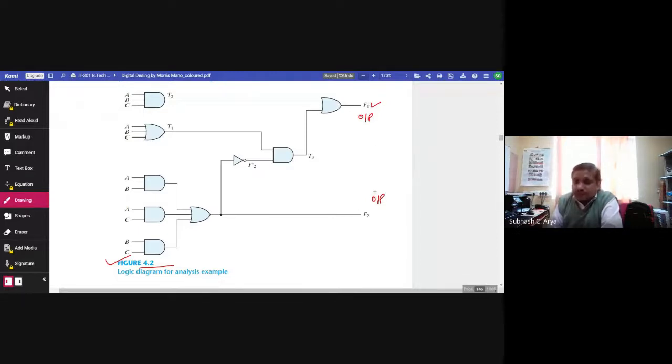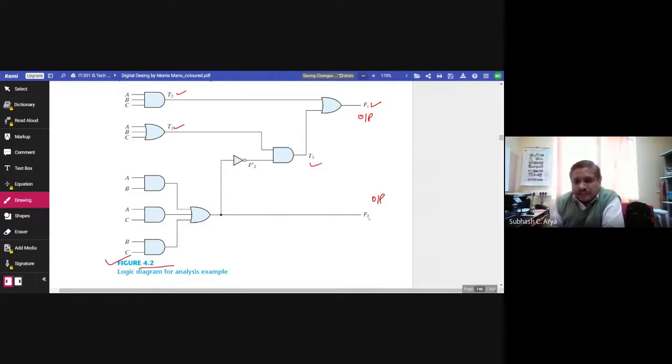And what is the procedure? We have to label the intermediate outputs of each gate. So we give inputs like A, B, C. This may be given; if not given, then we have to give it from our side. Then we can write the outputs in symbolic form, say T1 and T2, and this is T3.